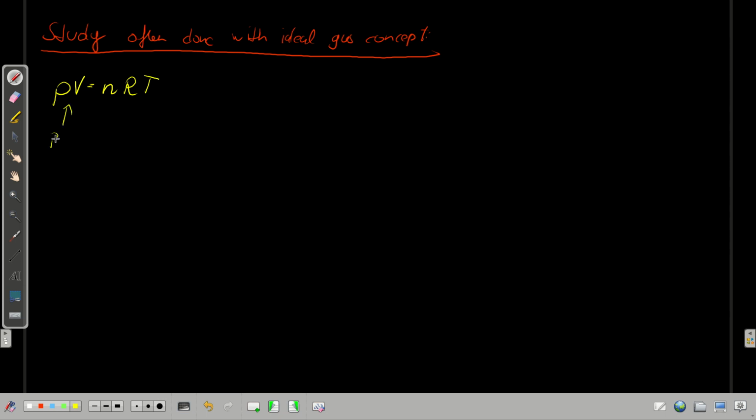So this here is the pressure, then the volume of an ideal gas, and just very briefly, this is the amount of substance, the number of moles, and this is the temperature in kelvins.